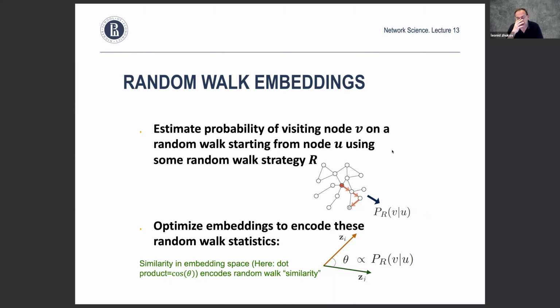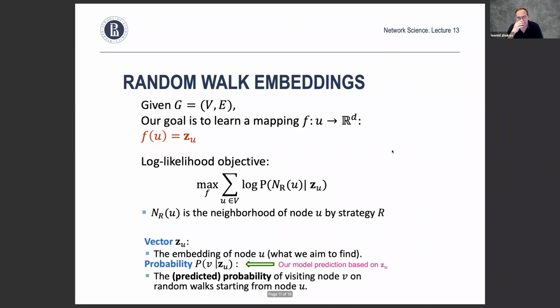Okay, so how do we do this? Well, we're given a graph, and our goal is to find this embedding, this projection. If you wish, we want to find a function that takes our node and maps it onto coordinates.